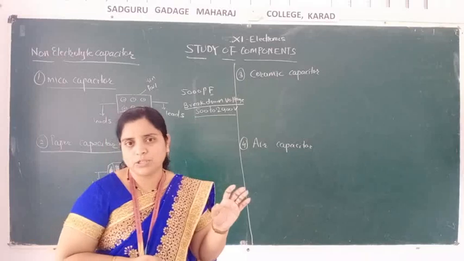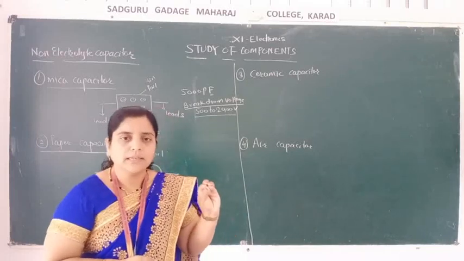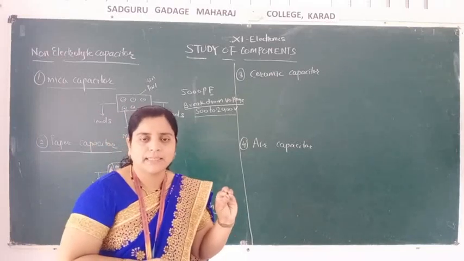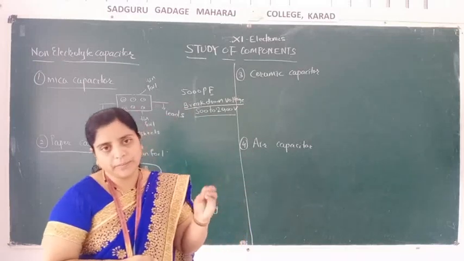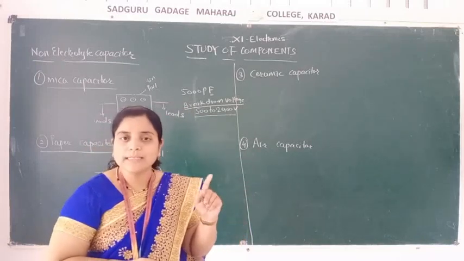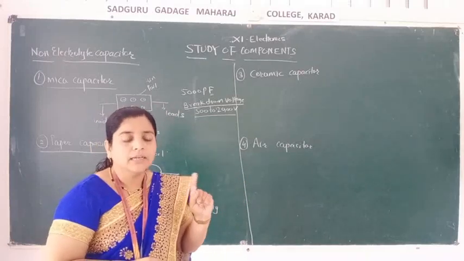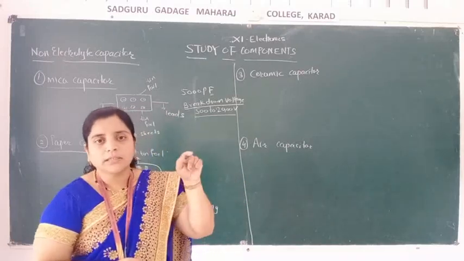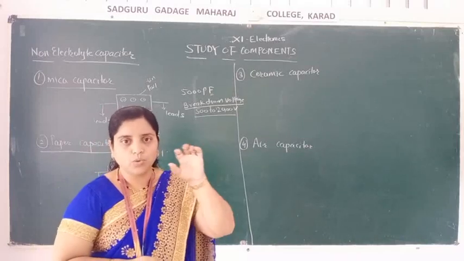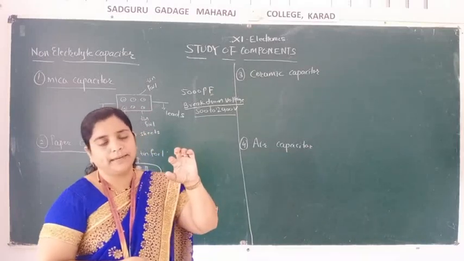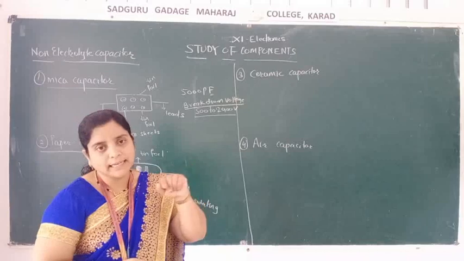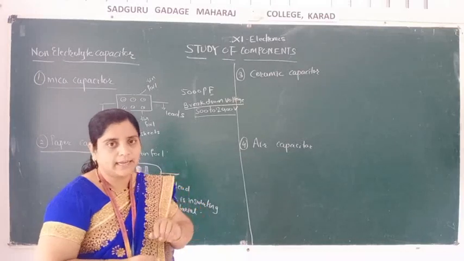Tissue paper is used as the dielectric because it is an insulating material. The dielectric is always an insulating material, not a conducting material. The conducting material is outside the capacitor: the two plates are the conducting plates, and inside them is the dielectric material.